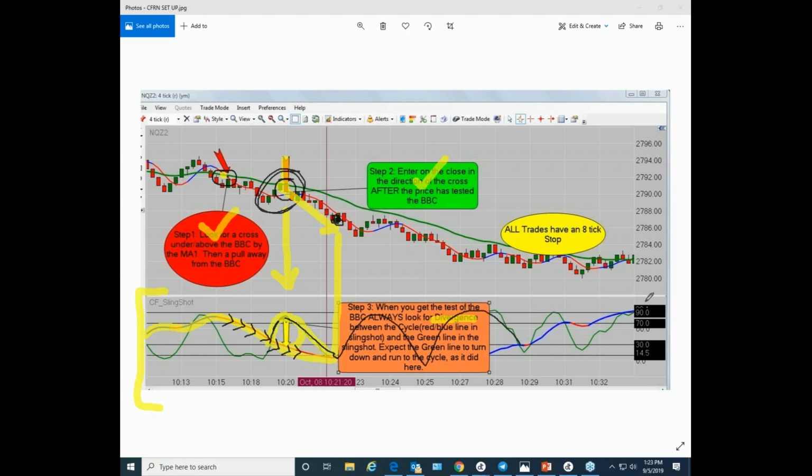They get into the cycle, then pull away, then get into the cycle. Then at some point, the momentum is going to turn bullish. This line turns blue on us. And this green line should be building separation or divergence underneath it, pulling away, getting into the cycle, pulling away, getting into the cycle.